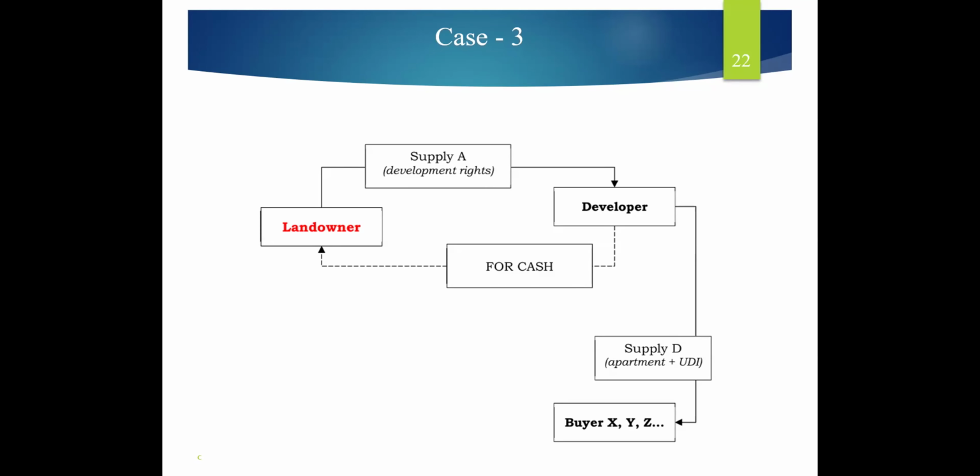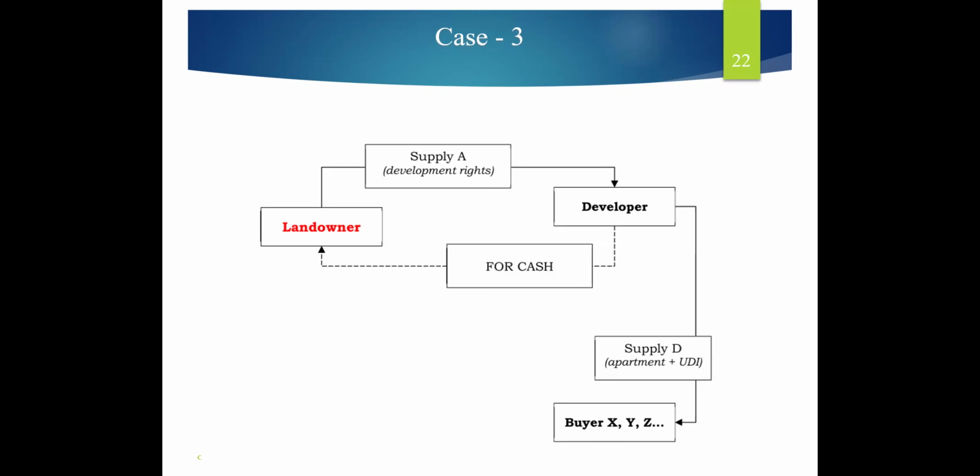I'm not concluding anything on this case study, but I am presenting both the arguments for and against. One, the landowner and developer both enter into a joint development agreement. Here in this case, what happens? The landowner gives development rights.